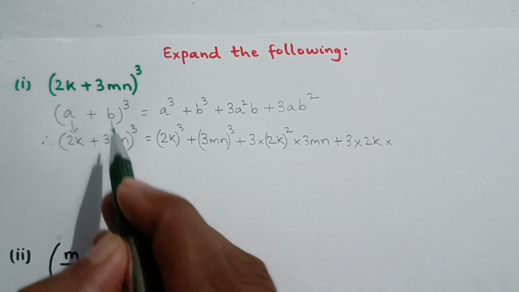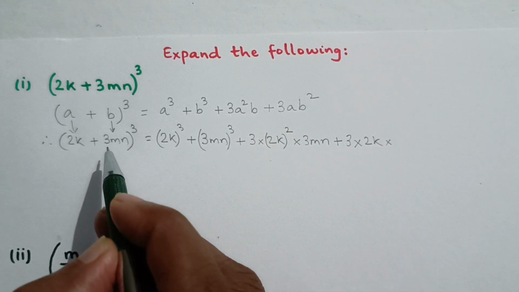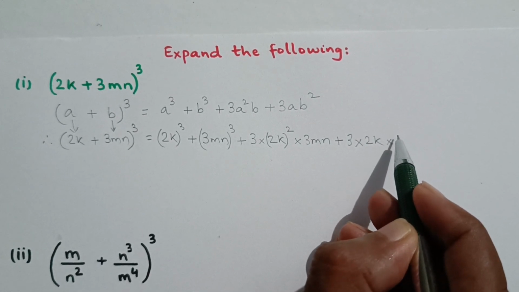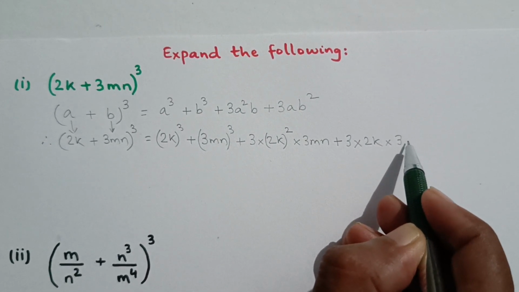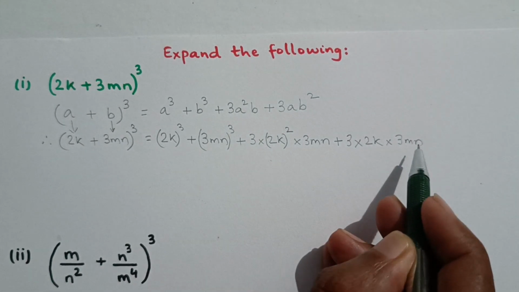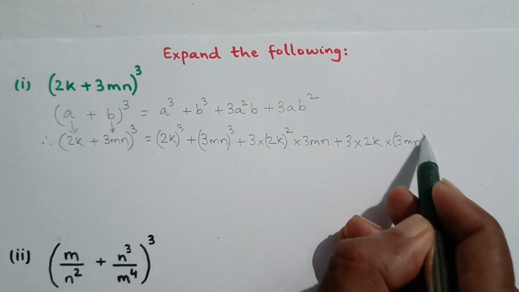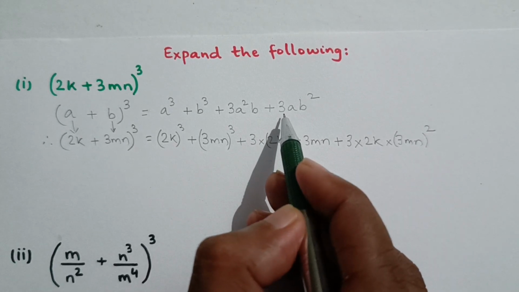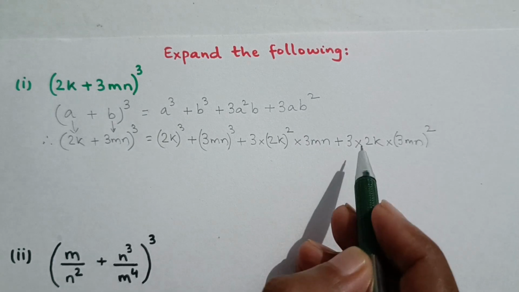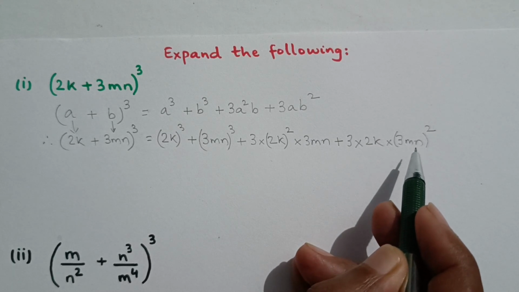Now I know that b corresponds to 3mn. So instead of b I will write 3mn. Now b square, so therefore 3mn is also going to be squared. So 3mn whole square. So 3ab square becomes 3 into 2k into 3mn whole square.